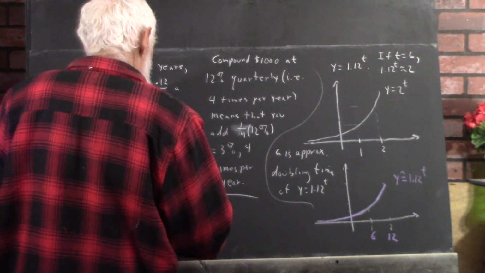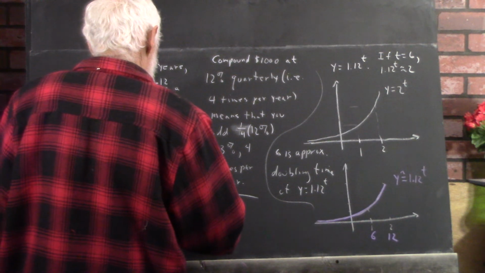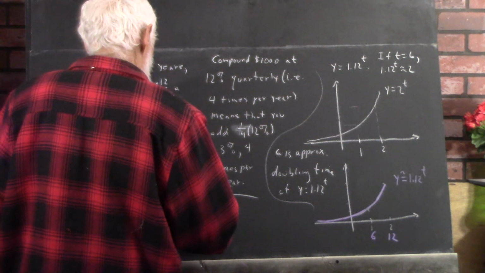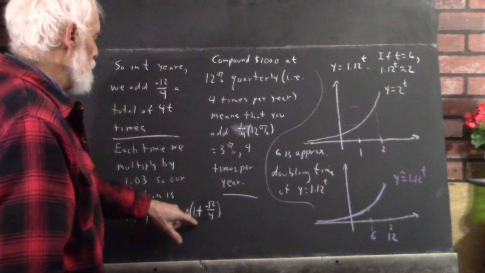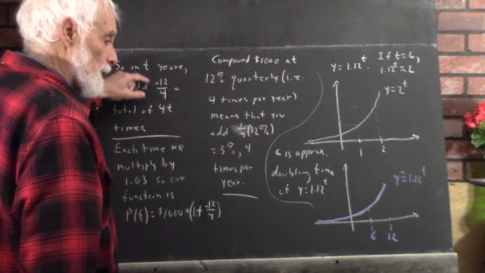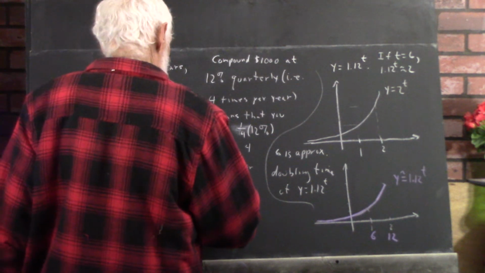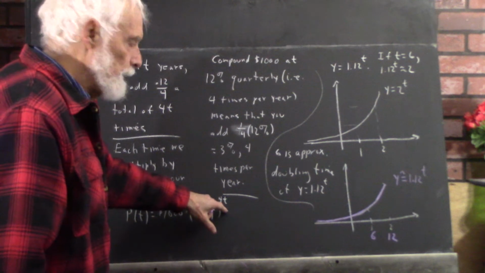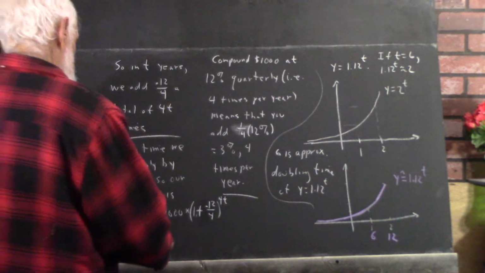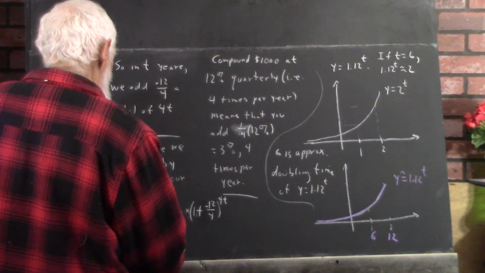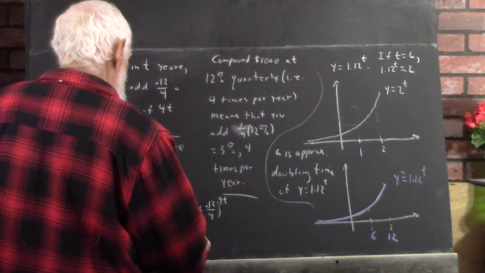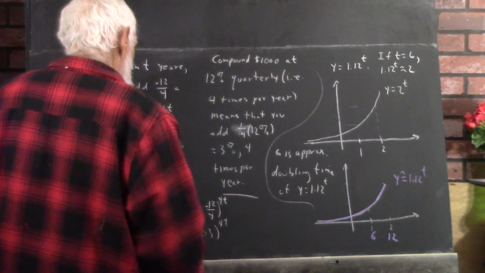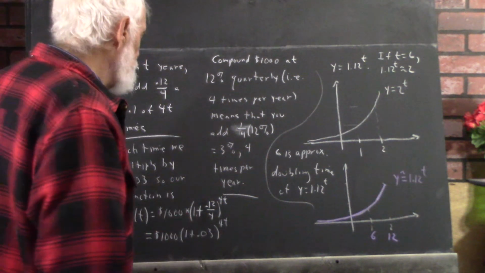So we're multiplying $1,000 by 1 plus 0.12 over 4 because that's how much we're adding. And that's raised to the 4t power because we do that 4t times. And then of course that ends up equaling 1 plus 0.03 to the 4t.